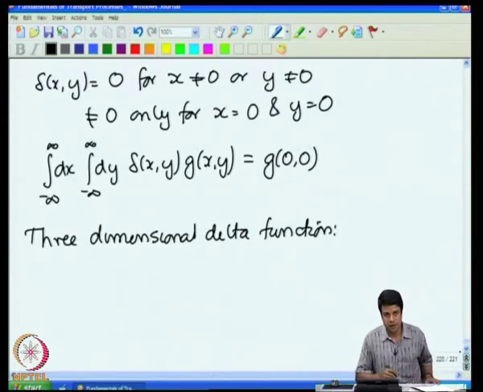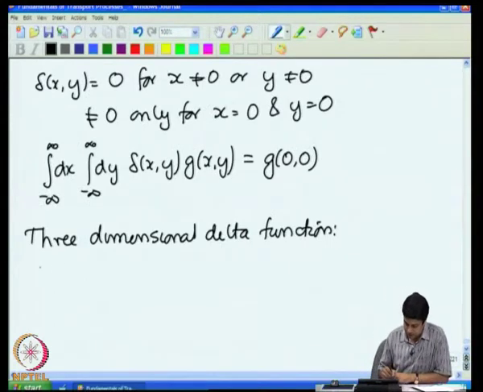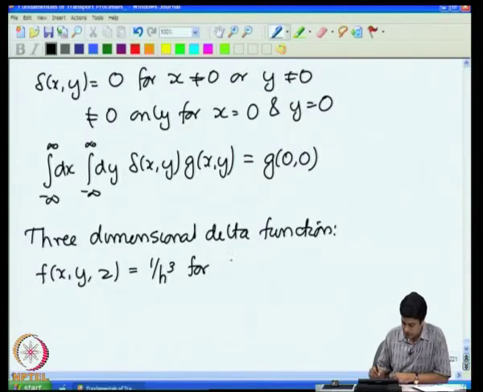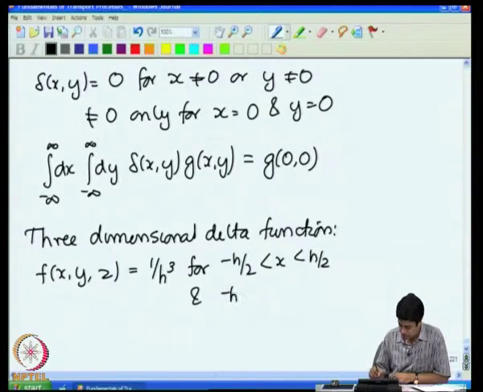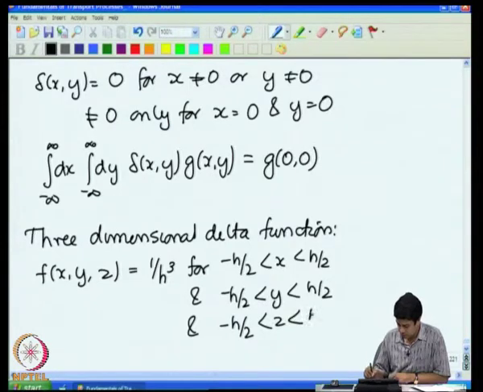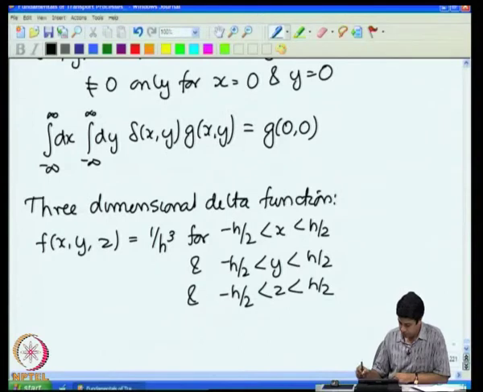In that case, the formal definition of this function is f of x y z is equal to 1 over h cubed for 0 less than x, and is equal to 0 otherwise.